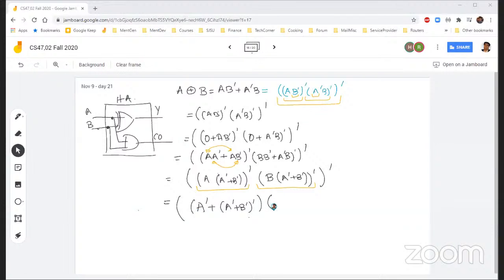And similarly for the other term, it becomes B bar or A bar or B bar whole bar whole bar. Now from here I can write, again by De Morgan applied on this, it becomes A bar or AB, B bar or AB.